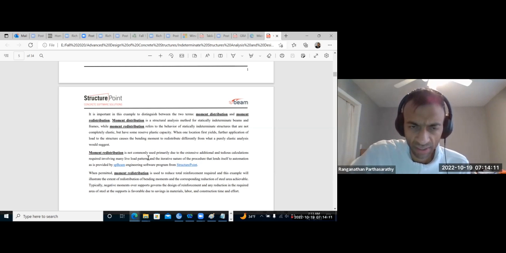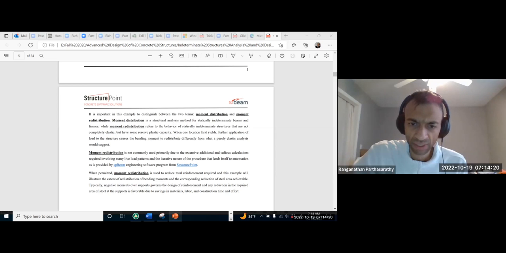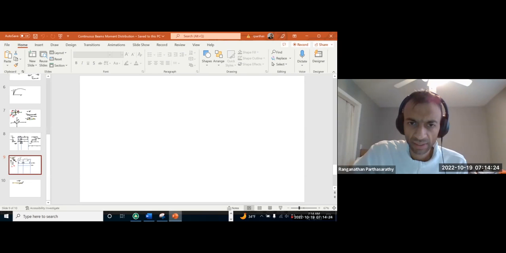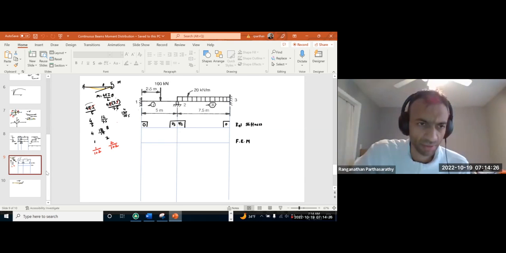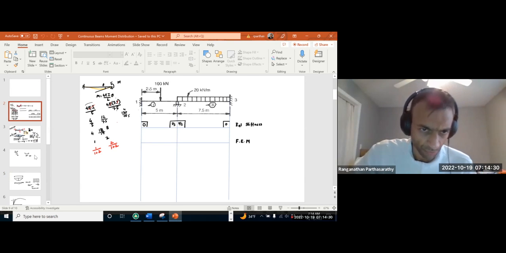But moment distribution is a structural analysis method used for indeterminate beams. So very briefly, we will recap moment distribution.